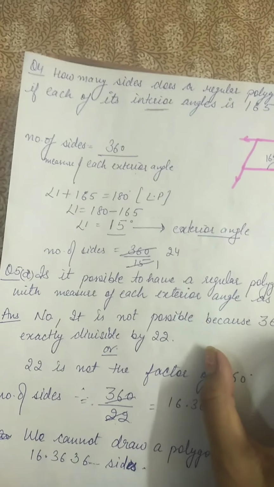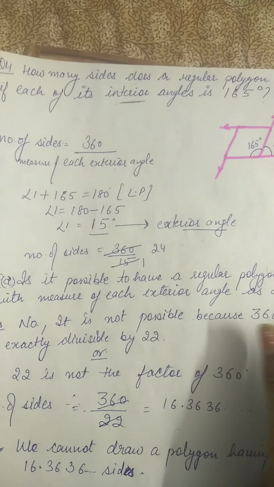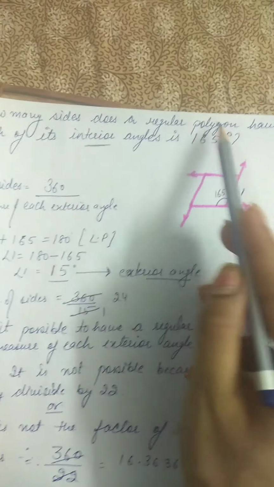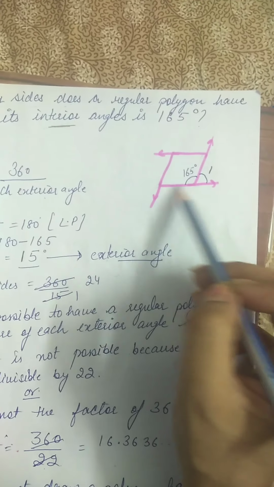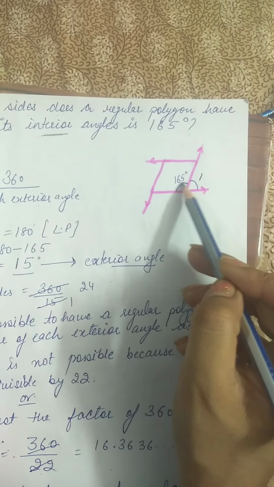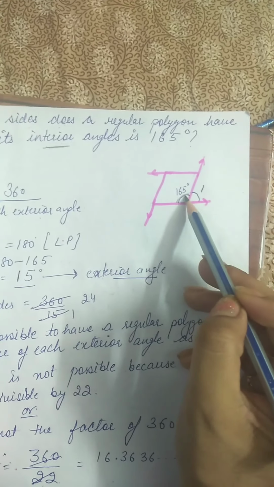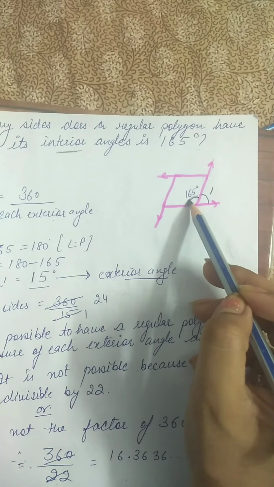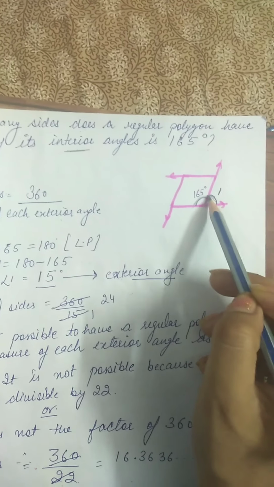Okay. Now the question arises, how will you find the exterior angle? Now just see. You have a regular polygon. I have just drawn a polygon, any polygon, and this is your interior angle. The interior angle is 165, so I have drawn 165. Now bache, when the interior angle is 165, can you find the exterior angle?